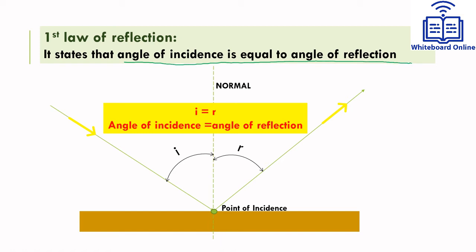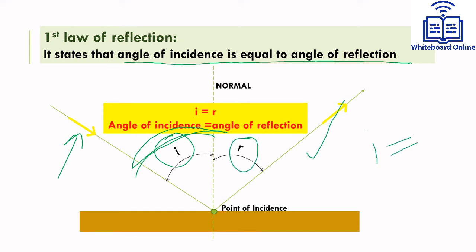Assume that the angle between the incident light ray and normal is I, and the angle between the reflected light ray and normal is R. Then according to this law, the value of I should be equal to the value of R. If I is 60 degrees, then R will also be 60 degrees.